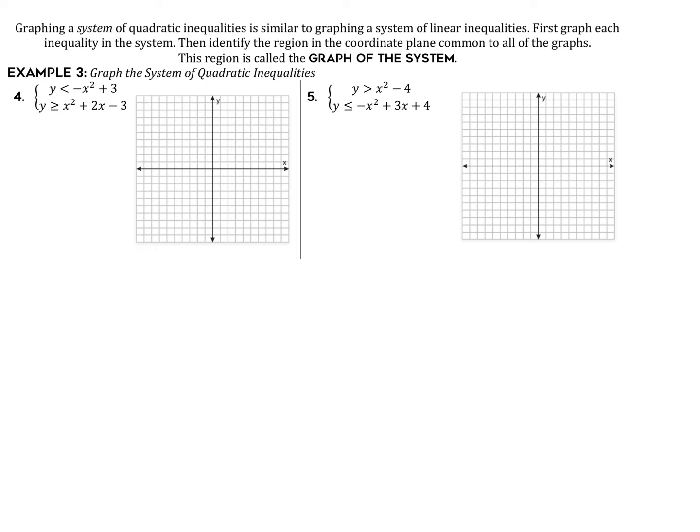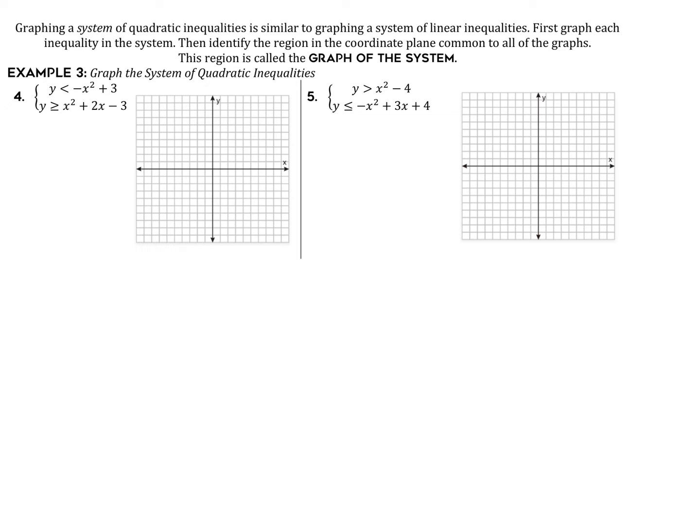The idea is that we're no longer looking for where the two curves intersect, but where their shaded regions are overlapping for each graph. That shaded area is going to be the solution that's going to hold all of the points that work for both quadratic inequalities. So let's look at this.